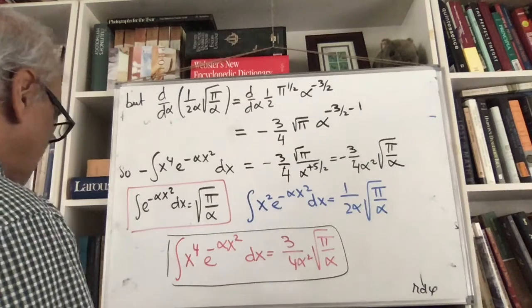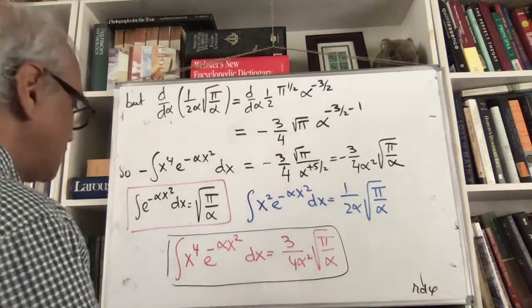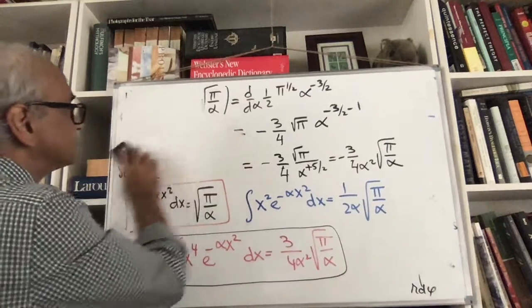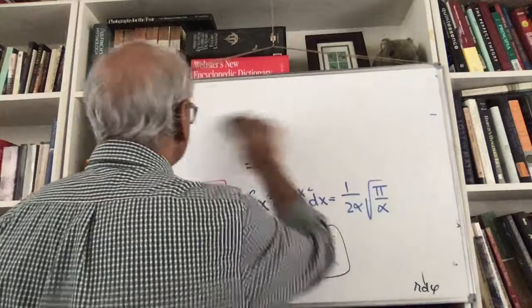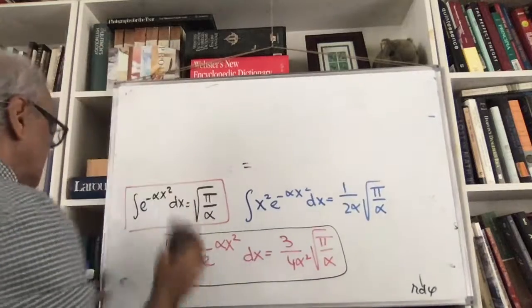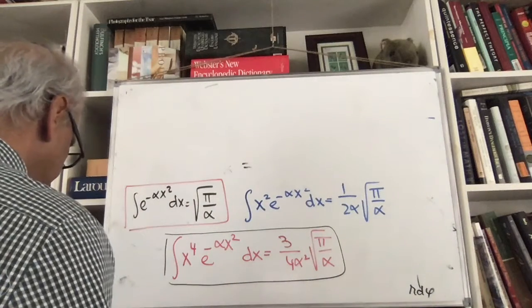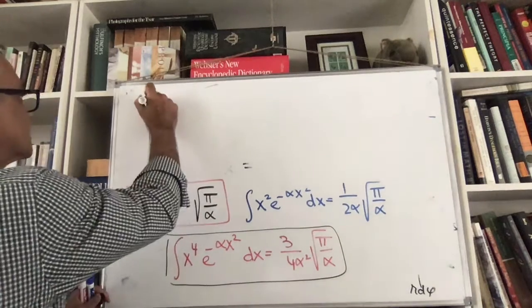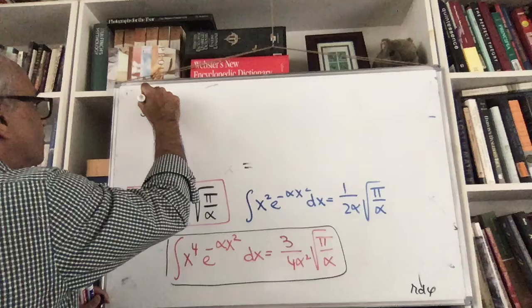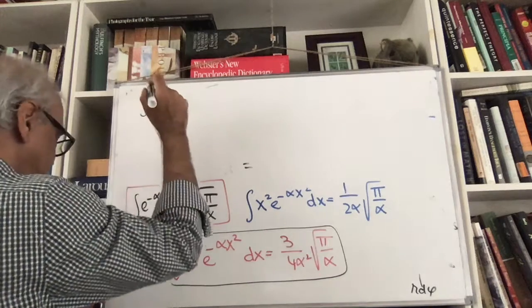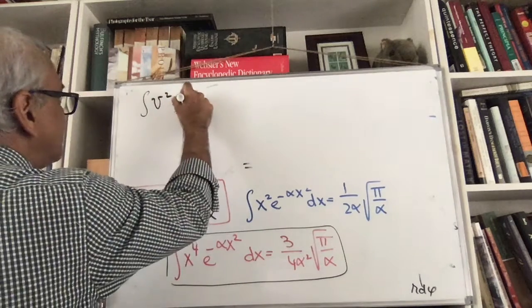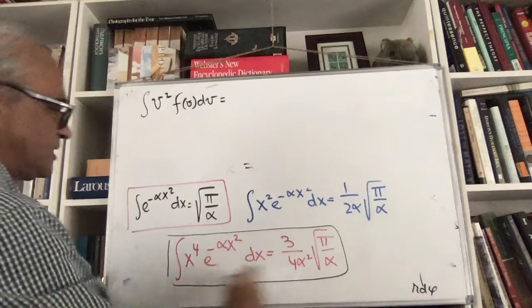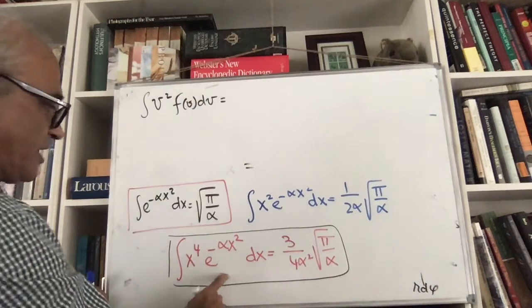Keep this in mind, you have to refer to them. What we are after is the integral of v squared f(v) dv, and this is what we need to use.